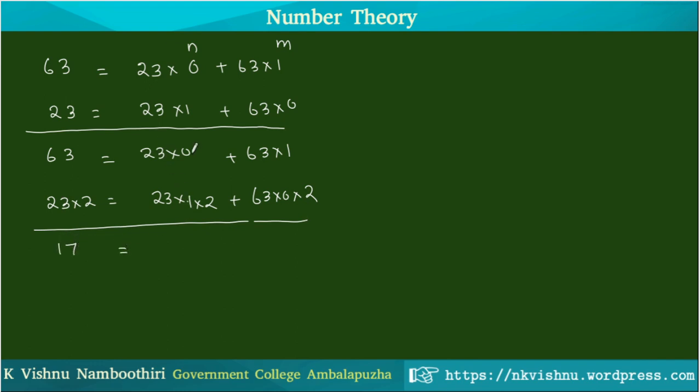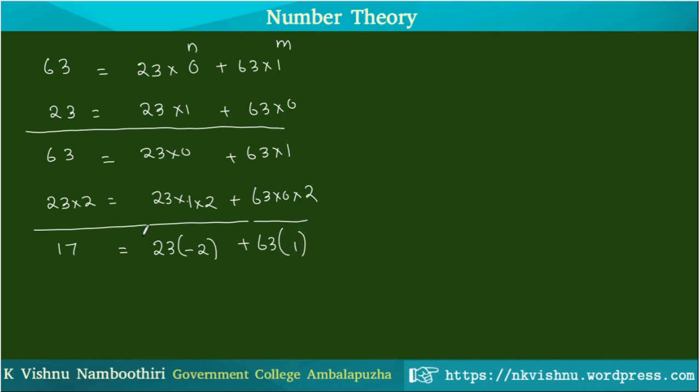This is equal to 23 into, what are the coefficients that we are subtracting? 0 minus 2, therefore it is minus 2, plus 63 is common. What about the coefficients? 1 minus 0, therefore this is 1.